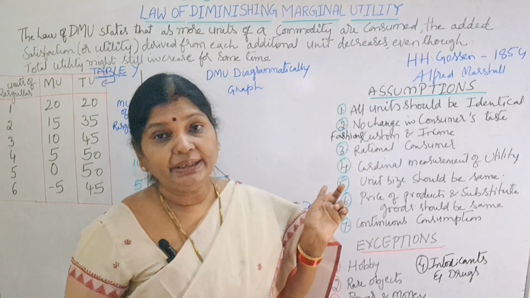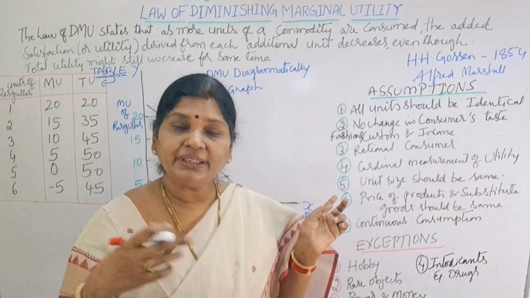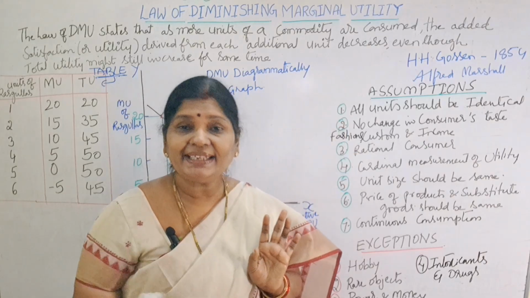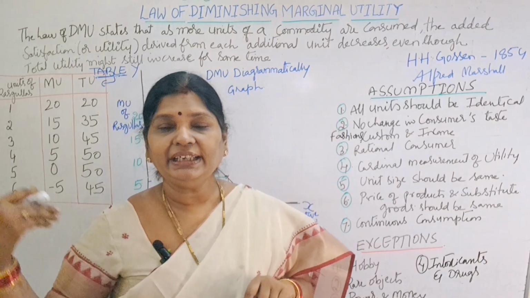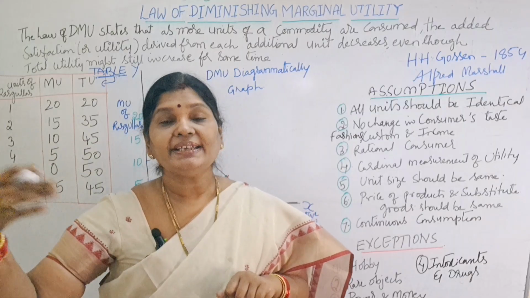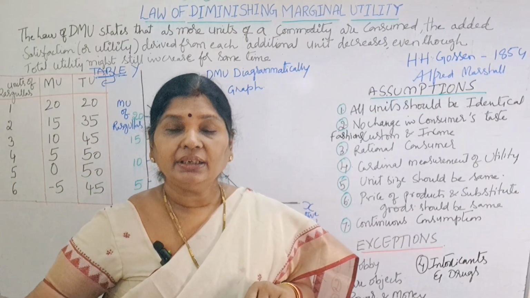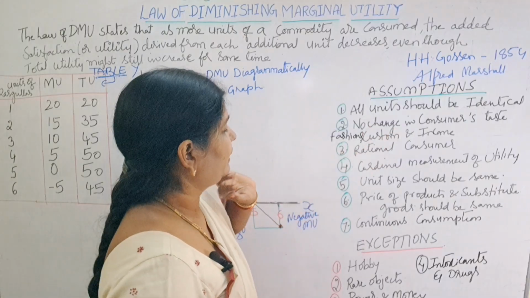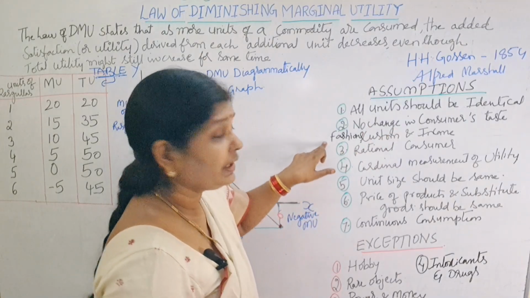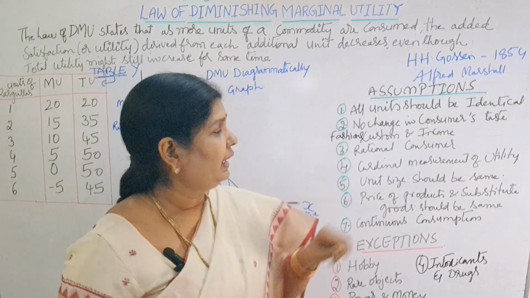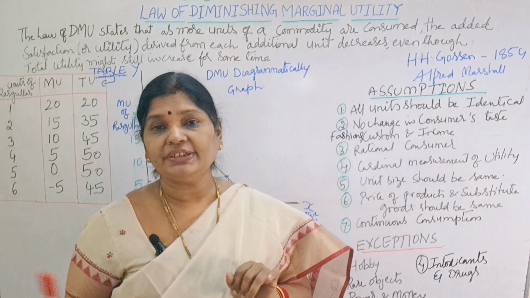When you are applying the law of diminishing marginal utility on a consumer, there should not be any change in his tastes. For example, here he liked rasgulla. Immediately he should not switch over to some other taste like ice creams or gulab jamun or laddus, right? His fashion should not change, his custom should not change, and his income level also should not change.